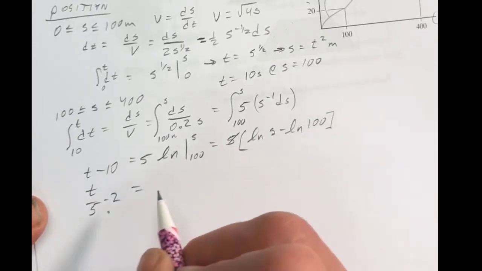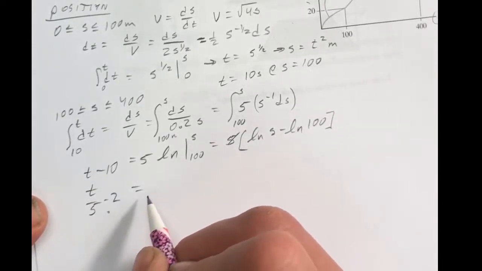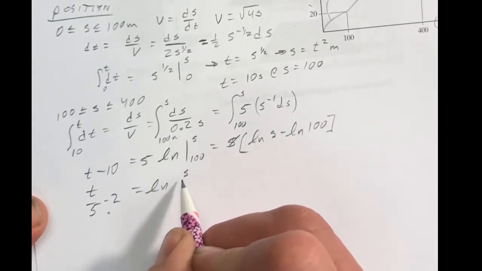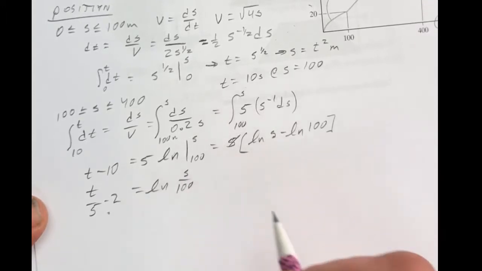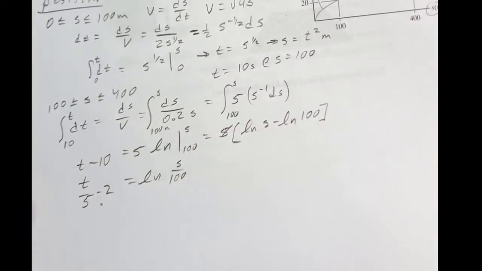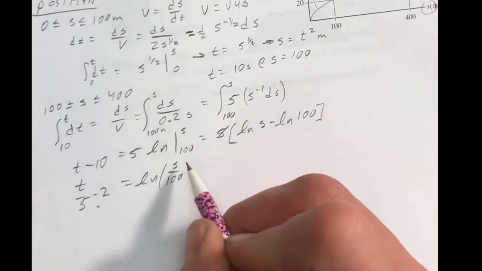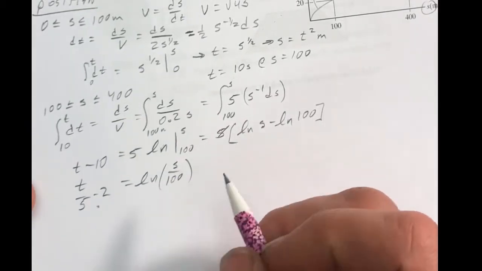Now I'm going to simplify the ln's: ln of s minus ln of 100 is ln of s over 100, and rearrange this.